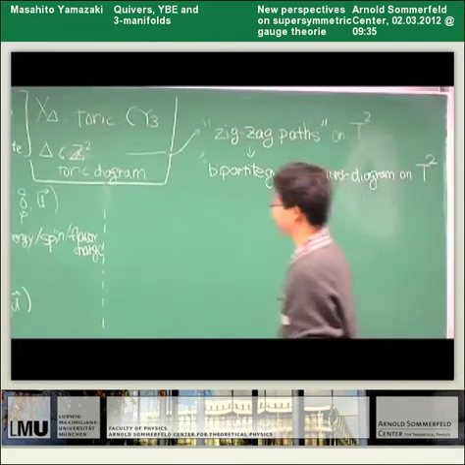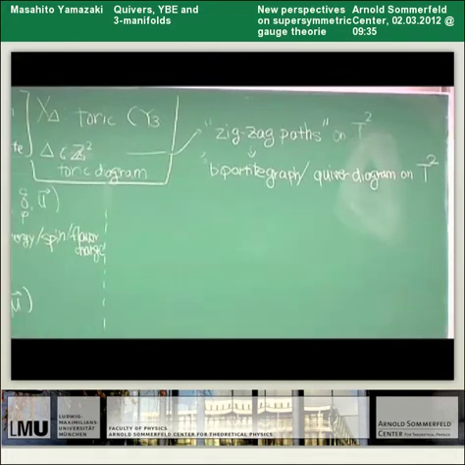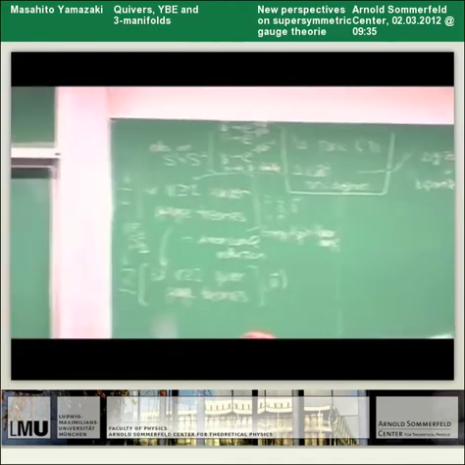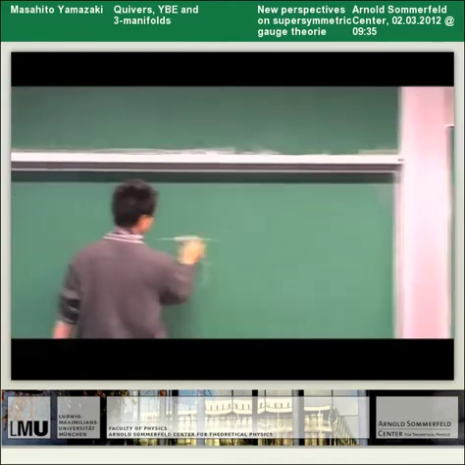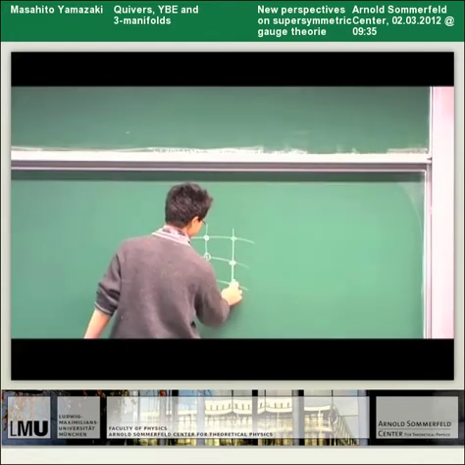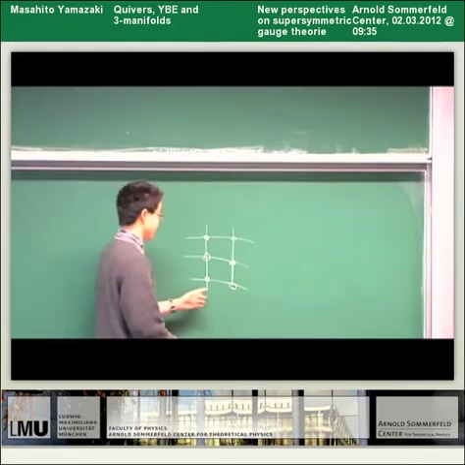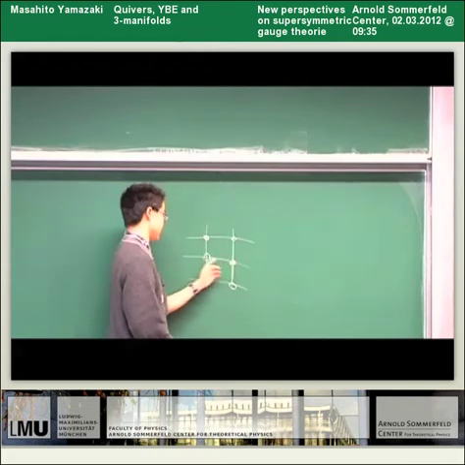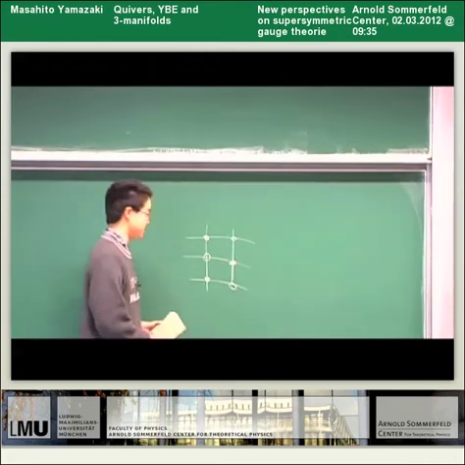If you don't know what a bipartite graph is, it's just a graph. The simplest example of a bipartite graph is this graph, where the vertices are colored black or white, and any edge connects vertices with different colors.